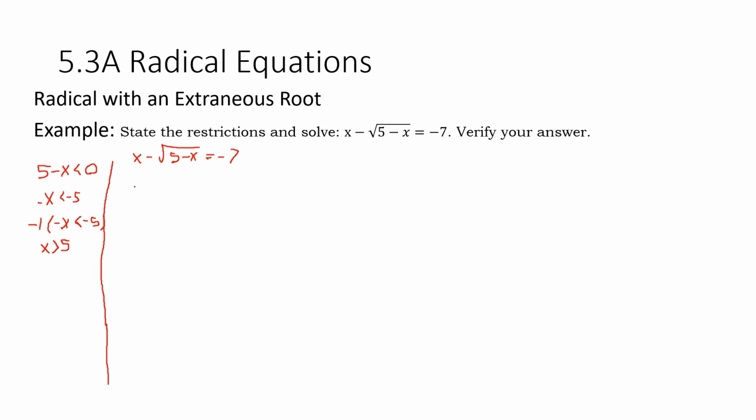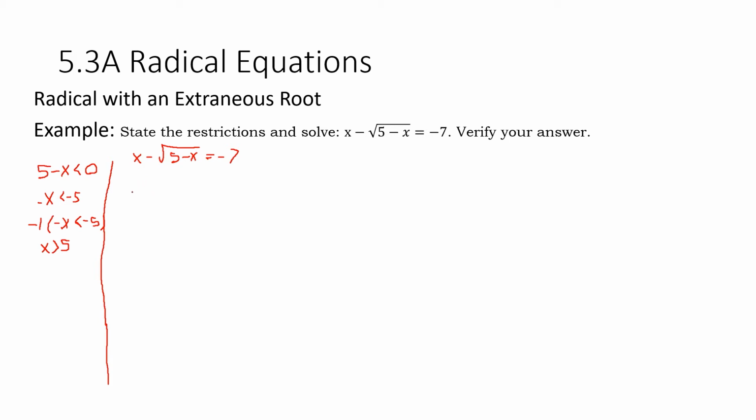We want to be able to get rid of this square root, and there are a couple of ways. You can either get the left side to just be the square root and bring everything over to the other side, or you can square everything from the start. But let's bring that x over to the other side.